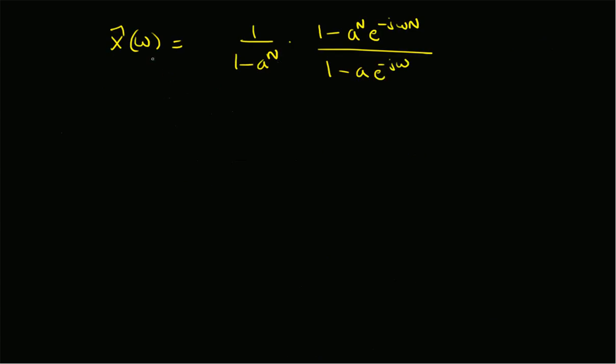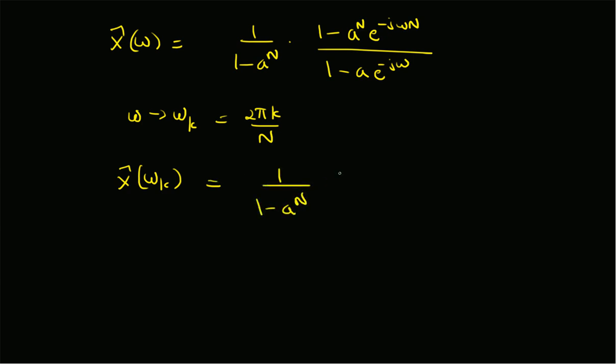Now when we sample this sequence, that is when we compute the values of this Fourier transform at discrete locations omega k, that is x hat of omega k, where omega k is 2 pi k by capital N, this should be equal to 1 by 1 minus a power N, and then 1 minus a power N e power minus j omega k into N, divided by 1 minus a into e power minus j omega k.